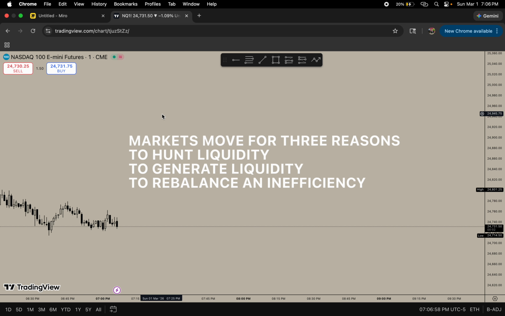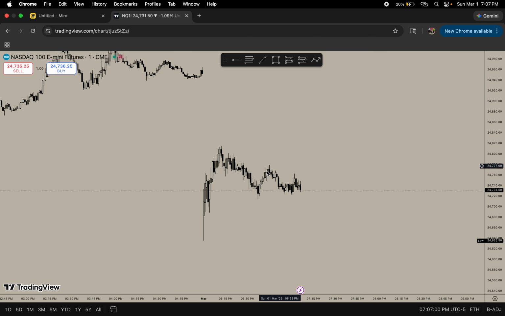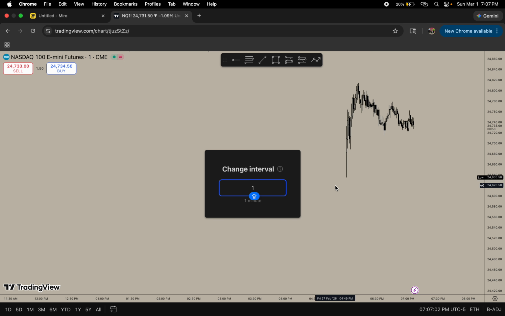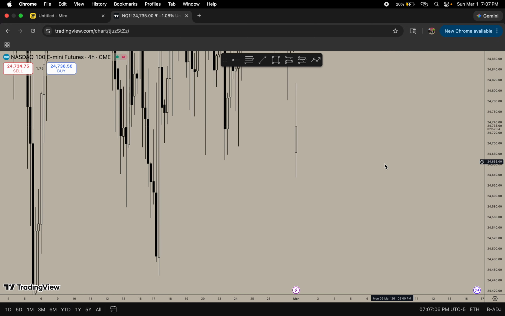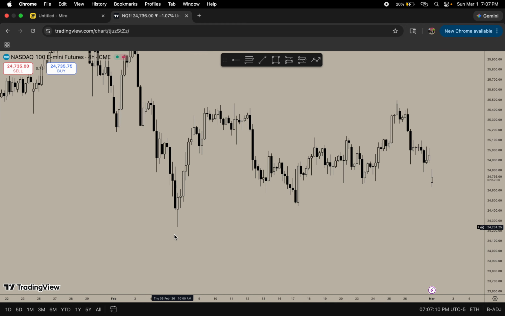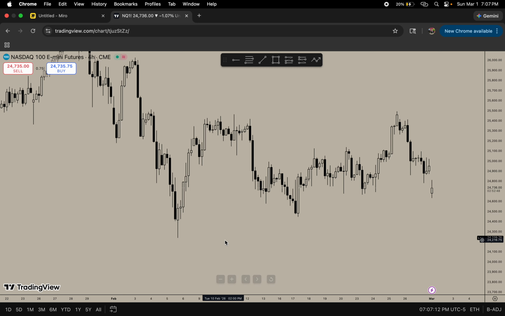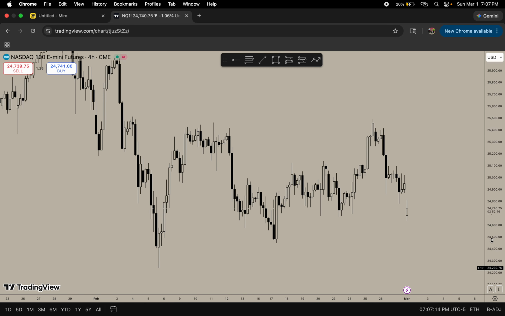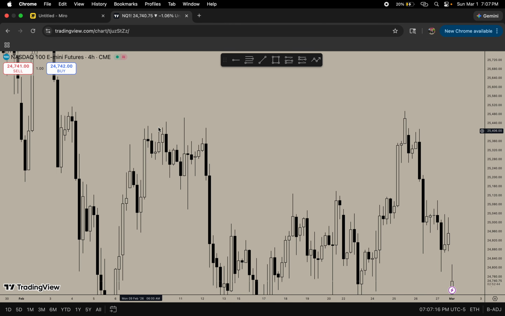Okay, let's look at the 4-hour. Here's an example of generated liquidity. Here's another form of generated liquidity. These are 4-hour candles.